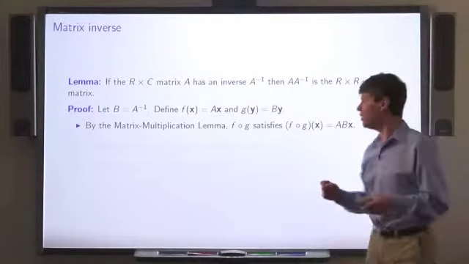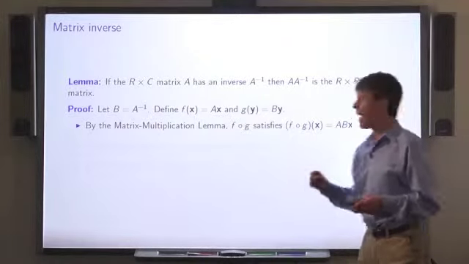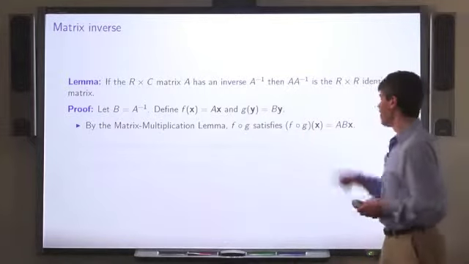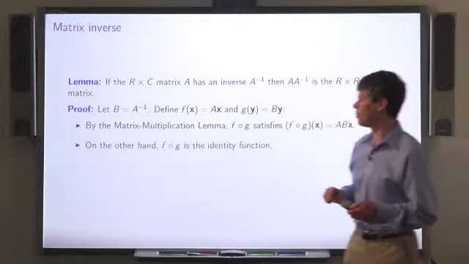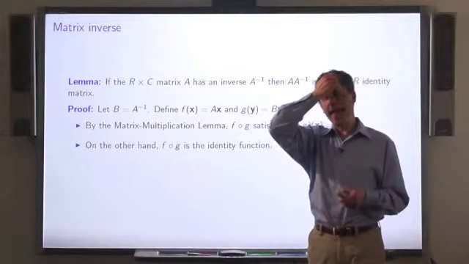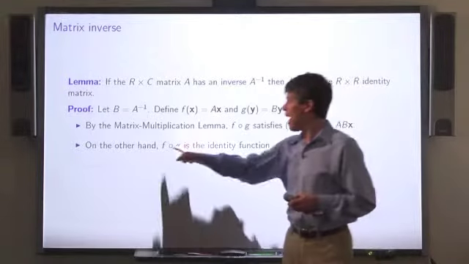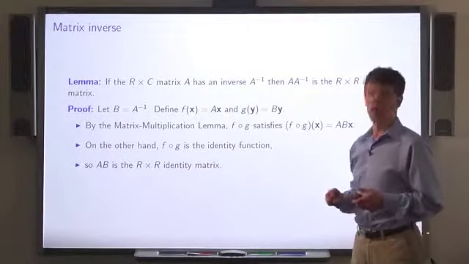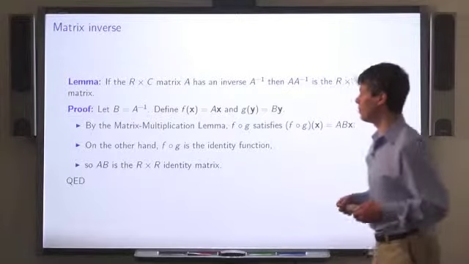By the matrix multiplication lemma, the composition f composed with g applied to x is the same as taking the product AB and multiplying it by x. On the other hand, because A and B are matrix inverses of each other, it must be that f composed with g is the identity function. So the product AB must be the identity matrix.